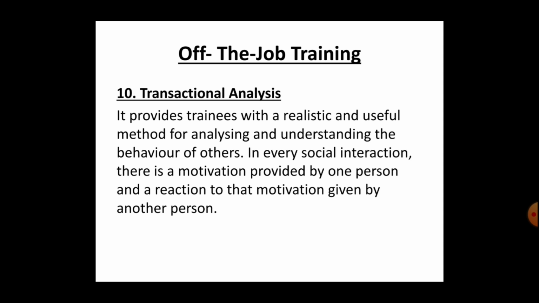The ego state model says that at any given time, a person experiences and manifests his personality through a mixture of behavior, thoughts, and feelings. Typically, according to transactional analysis, there are three ego states that people consistently use.